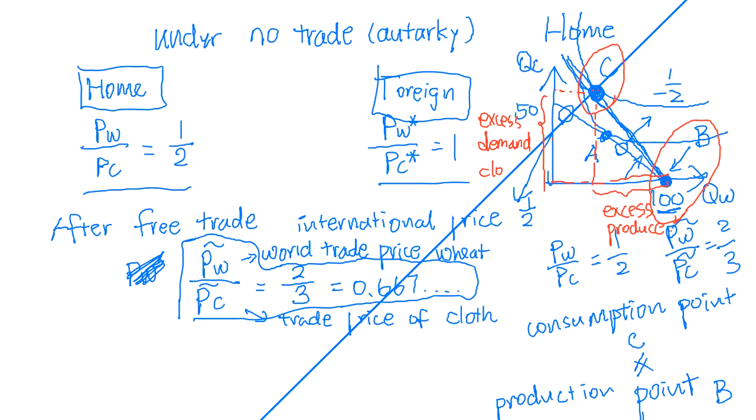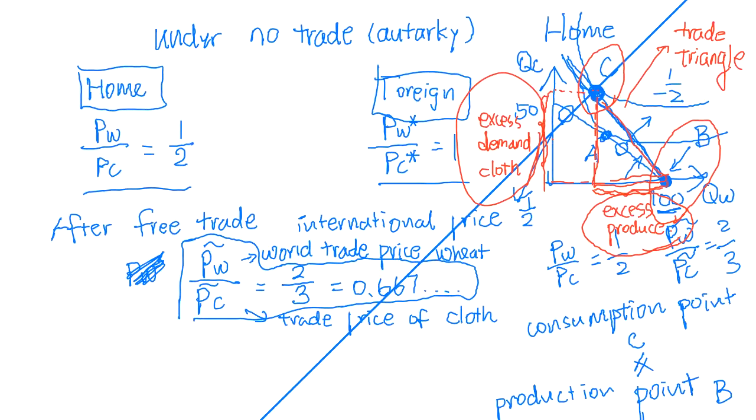As you can see, this part and this part, like a small triangle here, sometimes we call it the trade triangle. It gives you how much of the goods you are going to export and how much of the goods you are going to import. This is from the perspective of the home country.